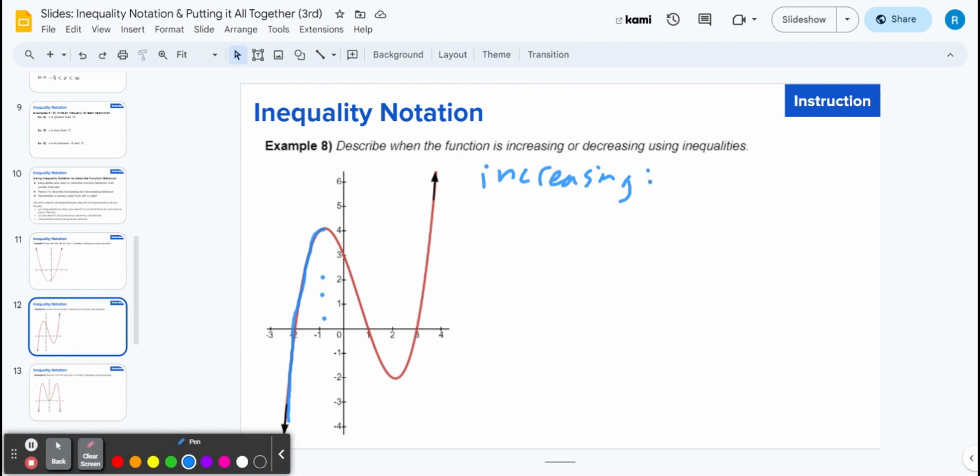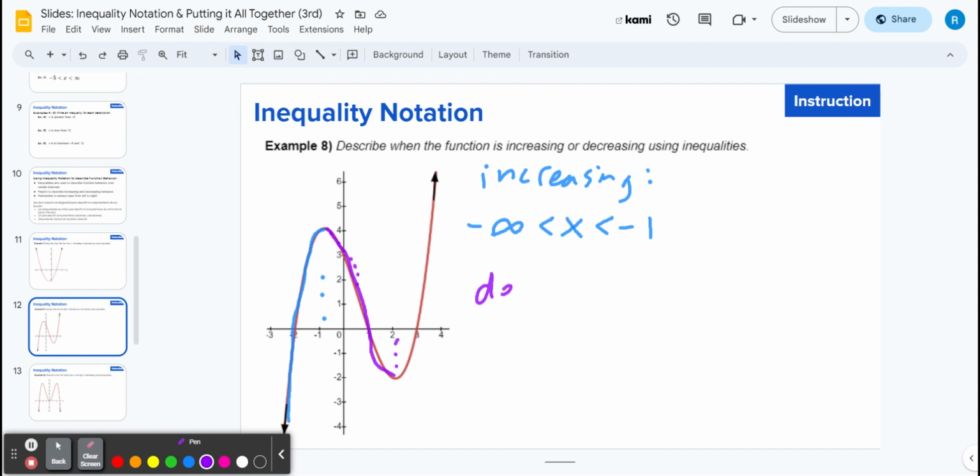And we know that x is less than negative 1 where we're increasing. If we want to, we can include that negative infinity in front of it. Negative infinity is less than x is less than negative 1. That part is definitely optional.